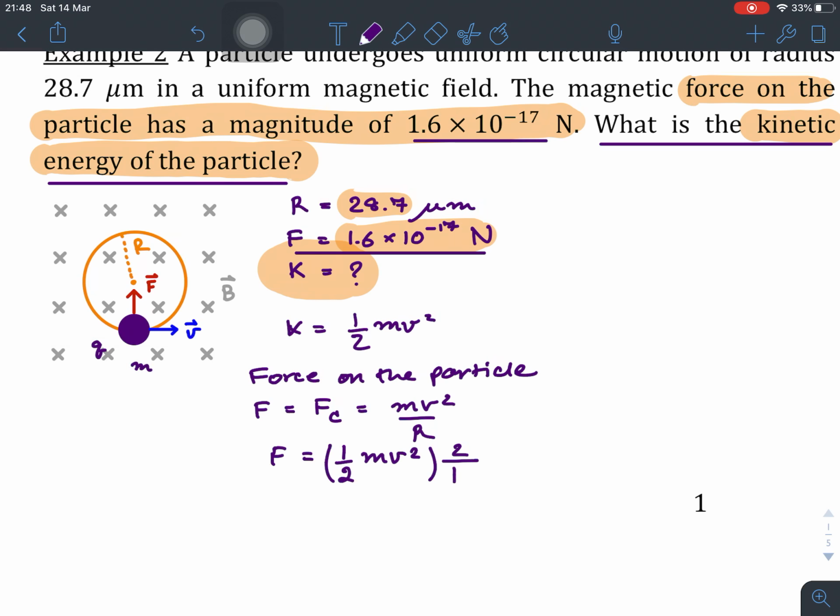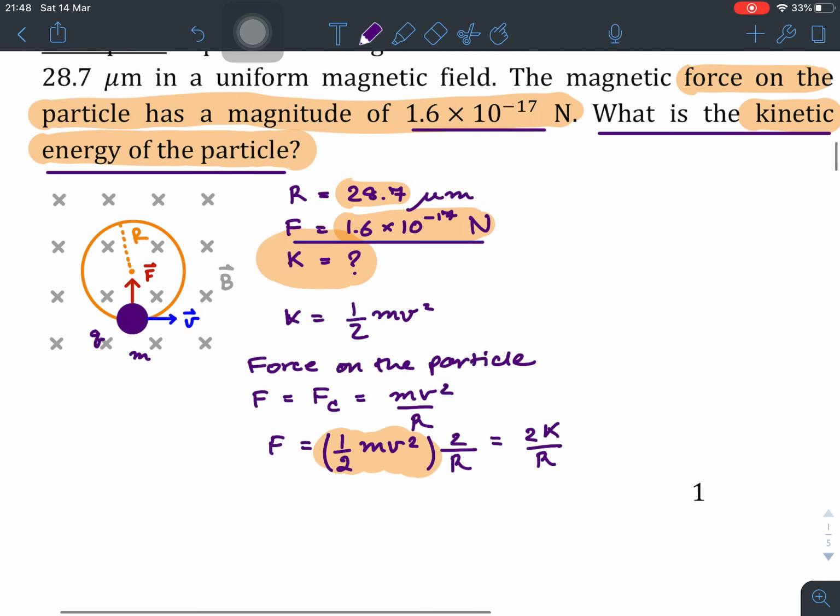So it will be half mv squared times 2 over r, and half mv squared here is actually K, or kinetic energy, so that we have 2K over r. So K, or kinetic energy, can be written in terms of half Fr. And then we substitute what the question has given us, with r and F.